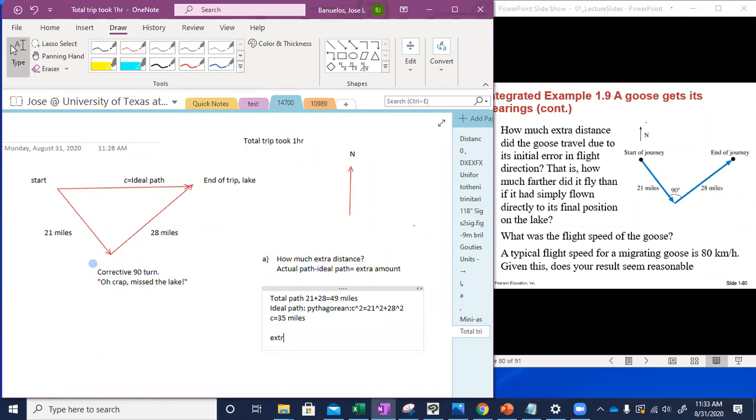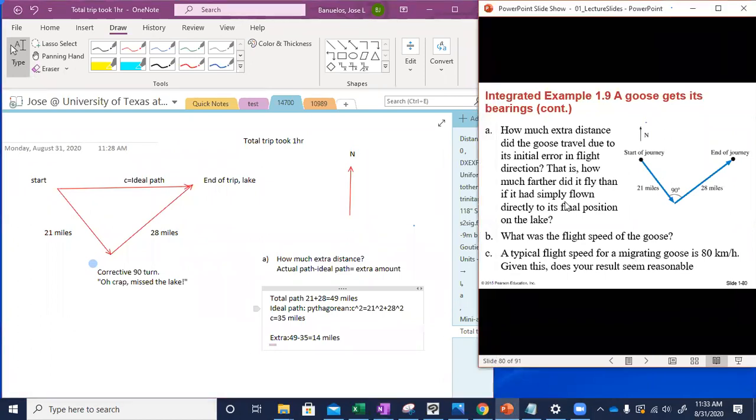Then the extra distance, if you solve for this, is going to be 49 minus 35, and that's equal to 14 miles extra, okay? And so that's the first part of this problem where they ask, how much farther did they fly? Well, he went an extra 14 miles that he didn't have to fly.